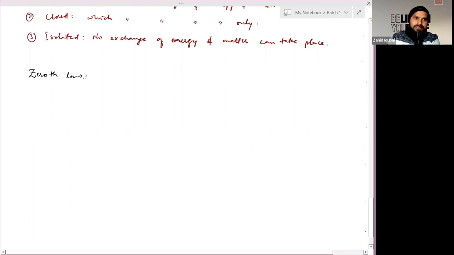First is the Zeroth Law. Since it is defined after the first law and there is no natural number before 1, it is named zeroth to assign it previous to the first law. It defines the concept of temperature.